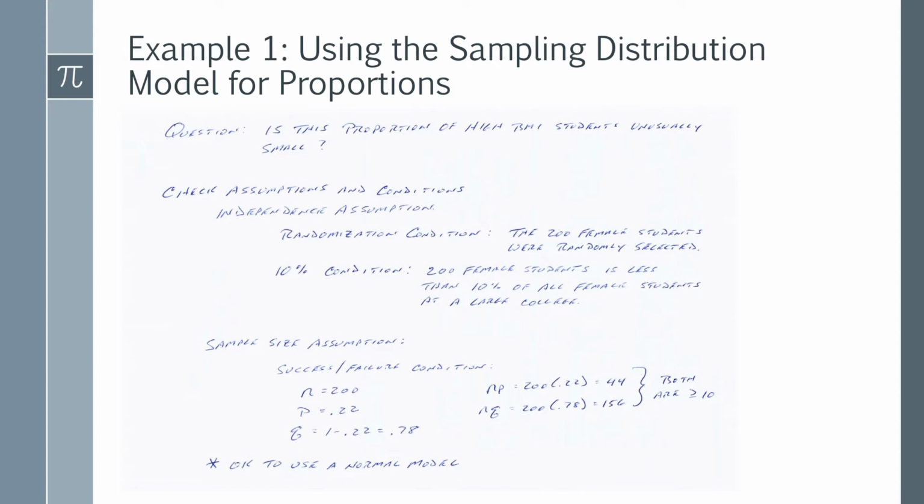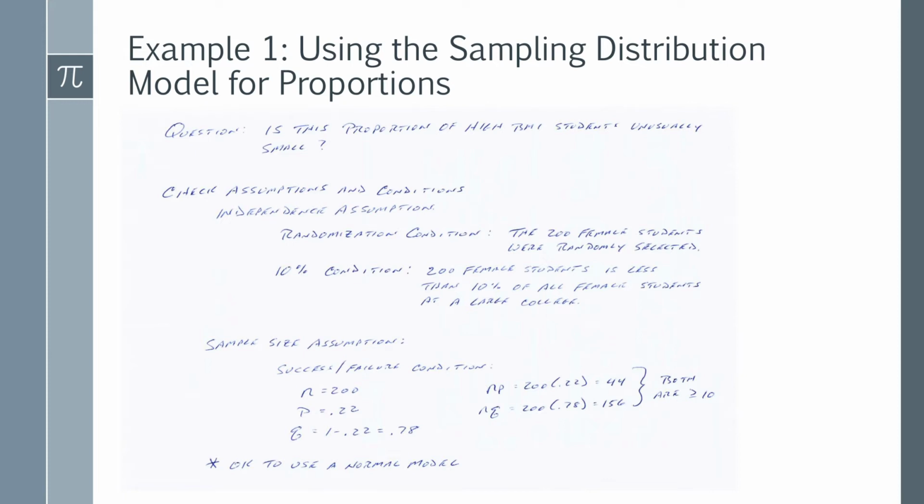The 10% condition: 200 female students is less than 10% of all female students at a large college. That makes sense. So both of those conditions have been met, and therefore our independence assumption has been met. The next assumption we have to look at is our sample size assumption, and we have to check our success-failure condition.